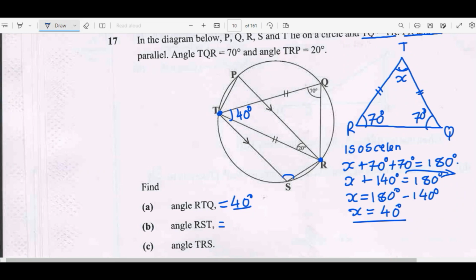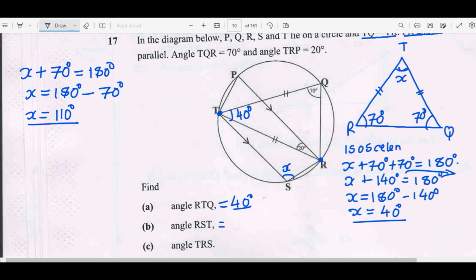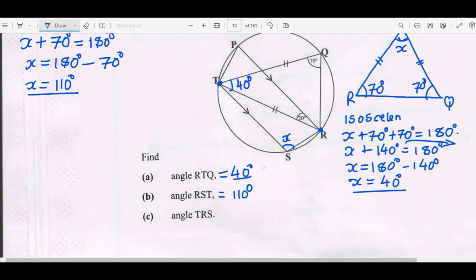Let's use x again. So x represents a number that we don't know, plus the 70 that we are given, must add up to 180. To simplify, whenever you are given a cyclic quadrilateral, you subtract the given angle, then you have the opposite angle. So 180 minus 70 gives us 110. So this is the angle at this point. We have 110 degrees.